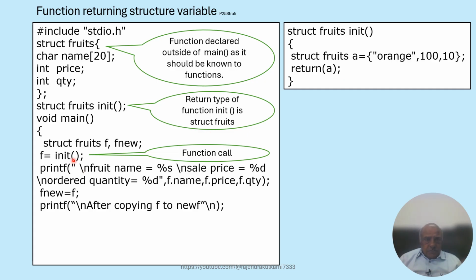That variable a has been assigned to another variable f, which is of struct fruits type. a is also of struct fruits type. So values of individual elements which are contained in a are assigned to individual elements of variable f of type struct fruits. So this is a simple assignment statement.